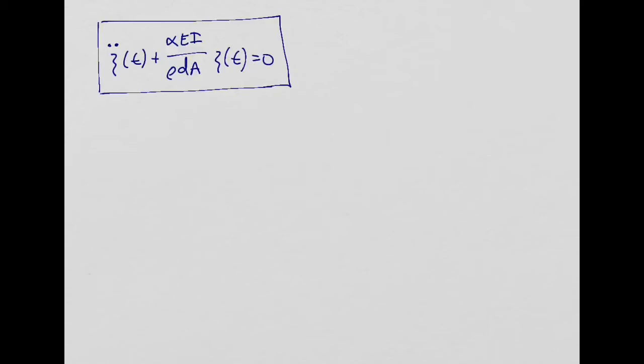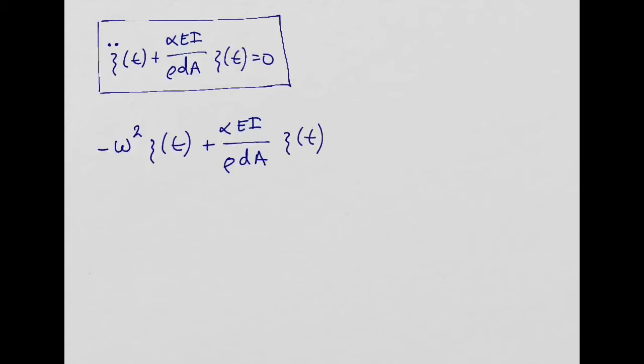So if I do that, I will get minus W square xi times time plus alpha EI over rho dA xi times time equal to 0.